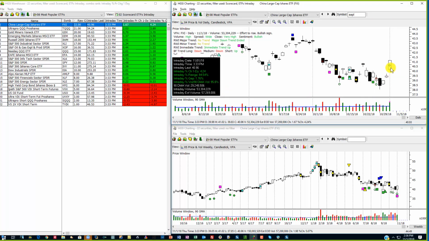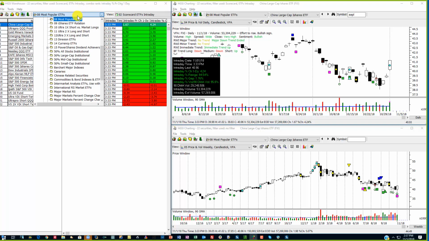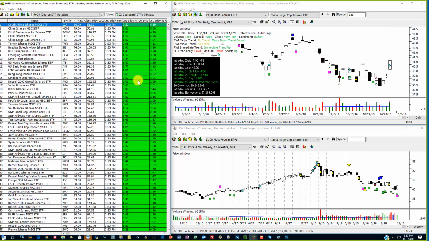So here's that FXI. This keeps coming up. You can see that they're piling into this with volume running nearly 100% above the normal 90-day moving average volume. Okay, this is one that I put in a long time ago. I called it iShares ETF Rotation.